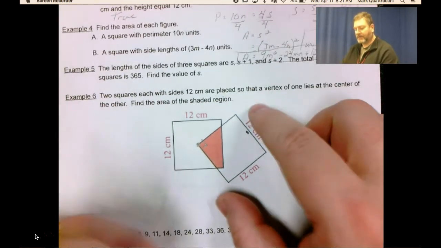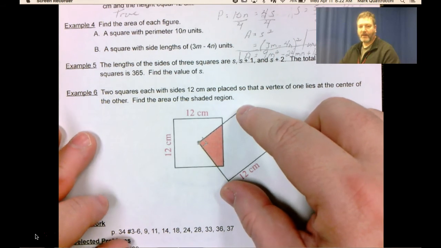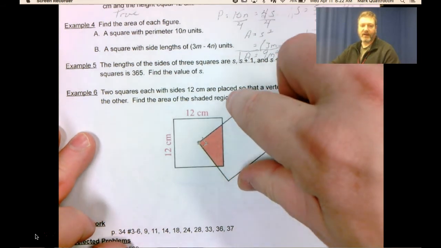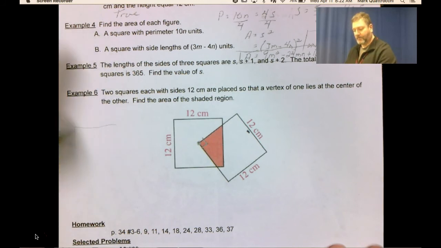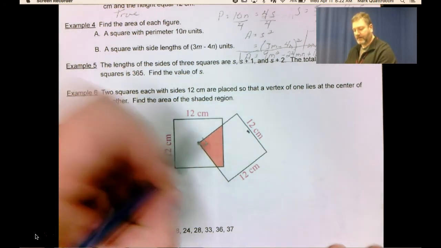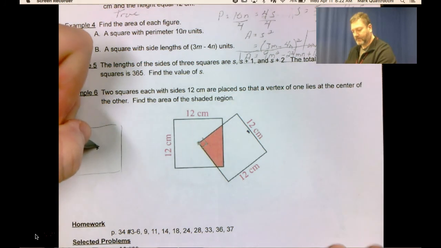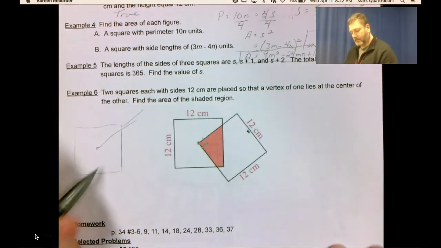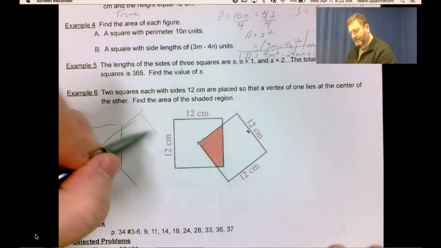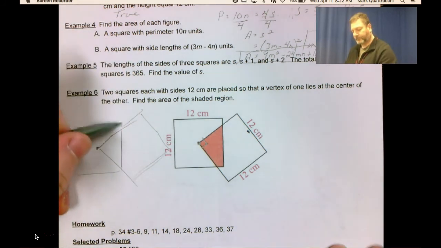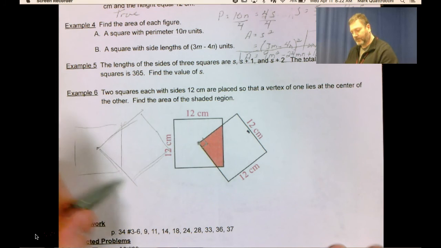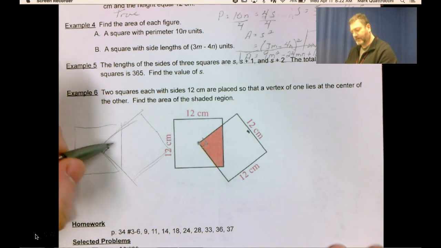And imagine if I take this square and I rotate it up. It's a little tricky. But instead of having this, we have this situation. So now the sides go through the vertices. Now the shaded region is here.